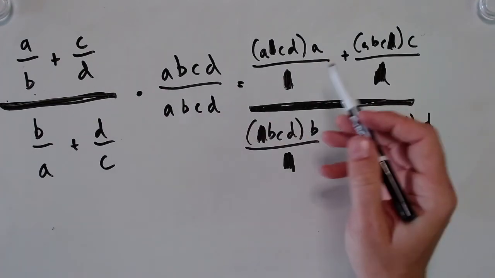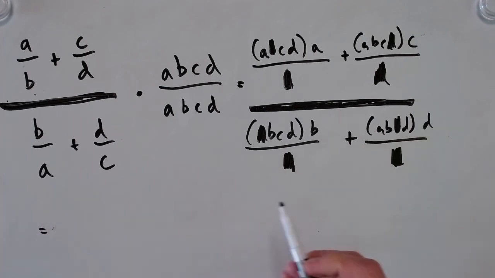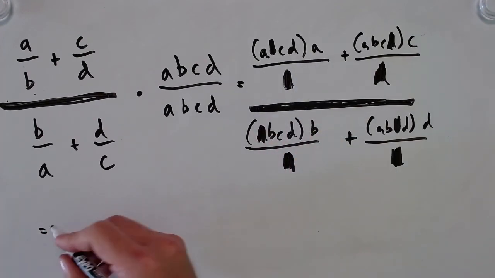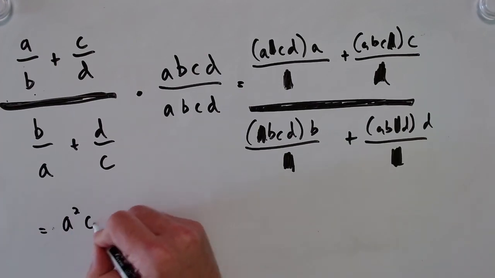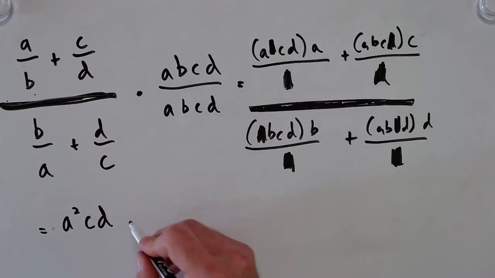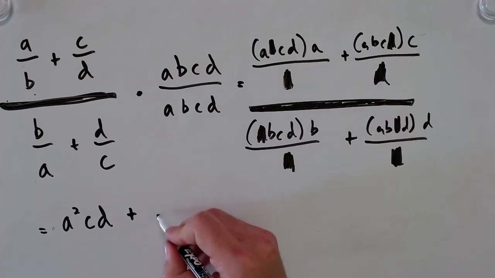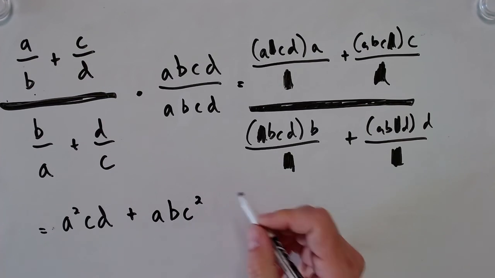So now let's just simplify. We'll try to squeeze it in down here. Let's see how well that worked last time. A times C times D times A. That is A squared CD. Right? A squared CD plus A, B, C, and another C. A, B, C squared.